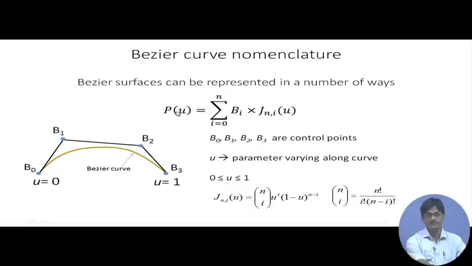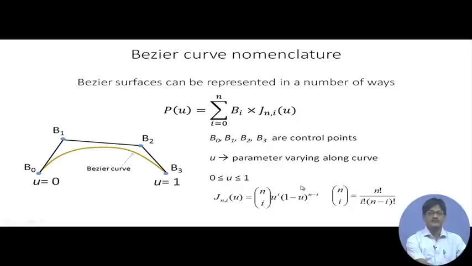So, this is a point on the curve coming out after calculation in x, y and z, Bi control point coordinates being given as x, y and z, and the Bernstein polynomial being calculated as a function of the parameter u and dependent upon the total number of control points.